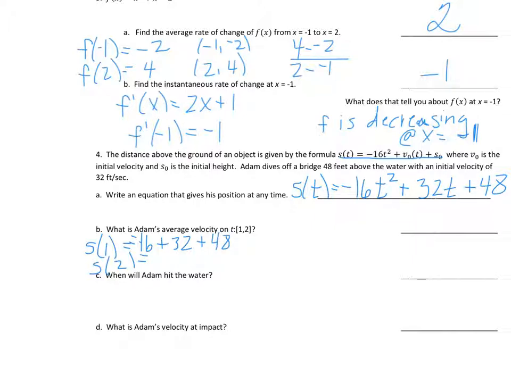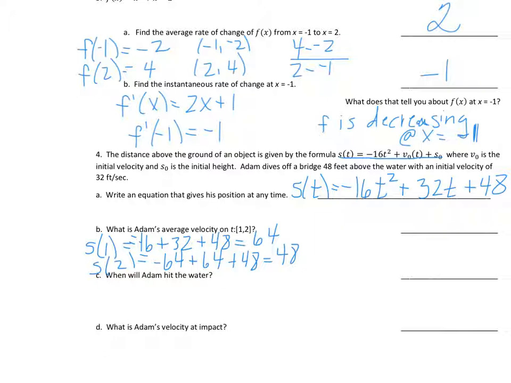So that would be 48 plus 32, which is 64. And then if I plugged in 2, squared is 4. 4 times -16 is -64. Ooh, that's nice. Plus 64 plus 48. So that one's going to be 48.